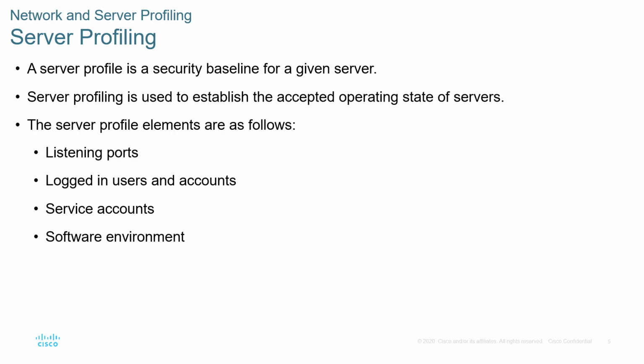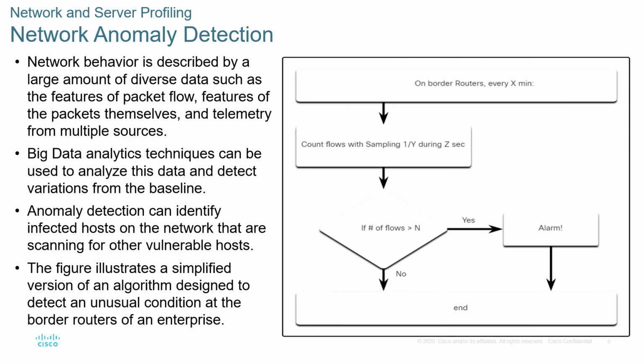Alright, so what does that have to do with protection? In reality, when we understand the profile, when we understand the traffic to and from, when we understand the baseline, we understand what the flow of data should look like. And that allows us to start building an anomaly detection based system.